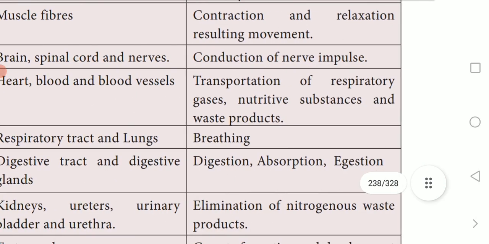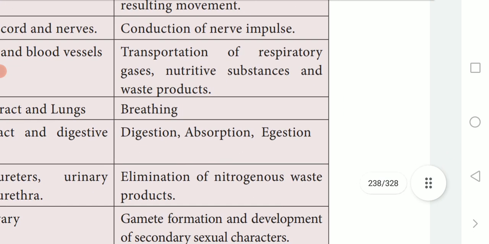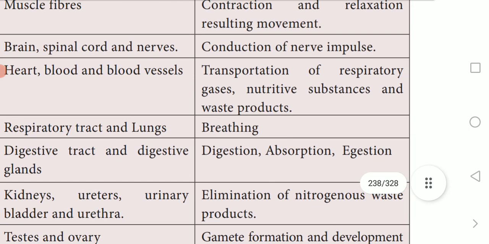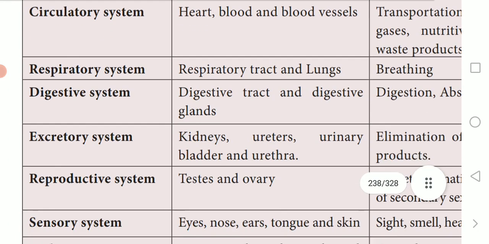What is the use of the circulatory system? Transportation of respiratory gases. We breathe in oxygen and breathe out carbon dioxide. Respiratory gases, nutritive substances, and waste products are all transported through the circulatory system.